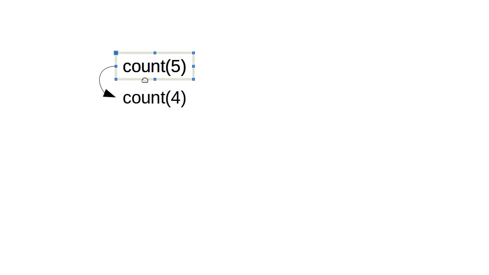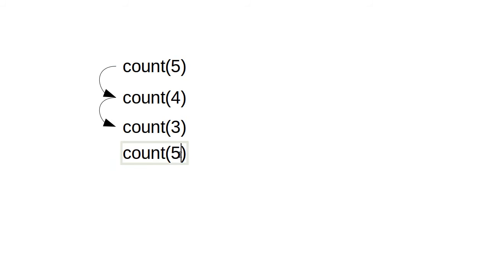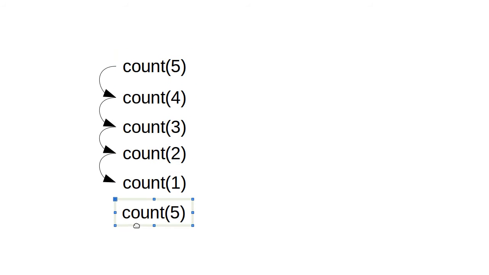Well, what happens next? Count up of 4 is also greater than 0, so it calls count up of 3. Well, 3 is greater than 0, so it calls count up of 2. 2 is greater than 0, so it calls count up of 1. 1 is greater than 0, so it calls count up of 0.